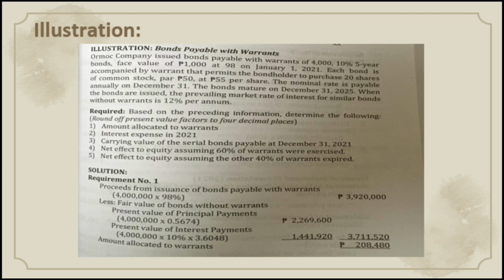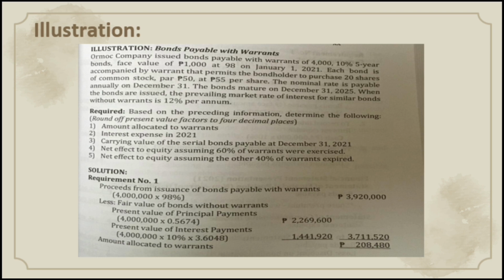So we multiply 4,000 by 1,000, which is 4 million, then multiply by 98%. The total proceeds, or the total asset, is 3,920,000. And then we deduct the fair value of the bonds without warrants.